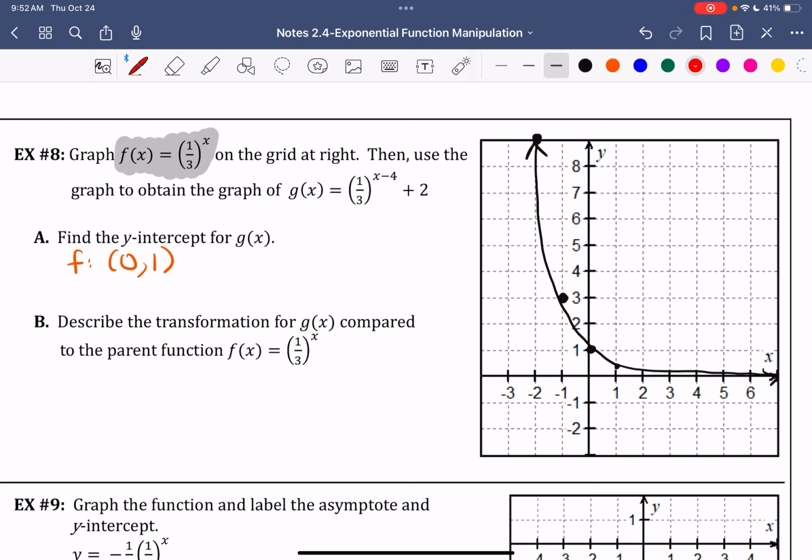But now let's do G. So I actually know the transformations already. So I think we can fill out part B and then we can go backwards.